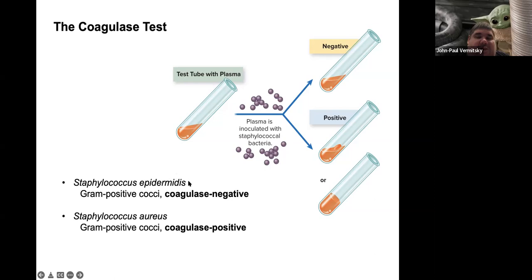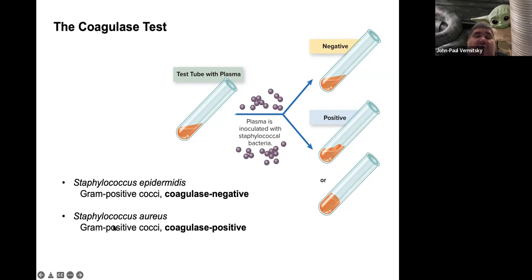If the reaction does not clump up and it's a negative reaction, therefore coagulase negative, it's Staph epidermidis. If it does clump up and it's a positive coagulase test, then it is Staph aureus.